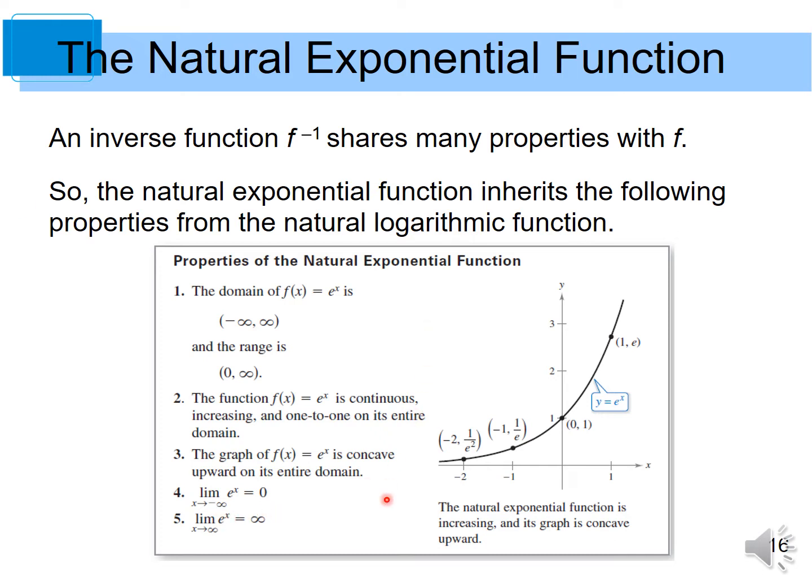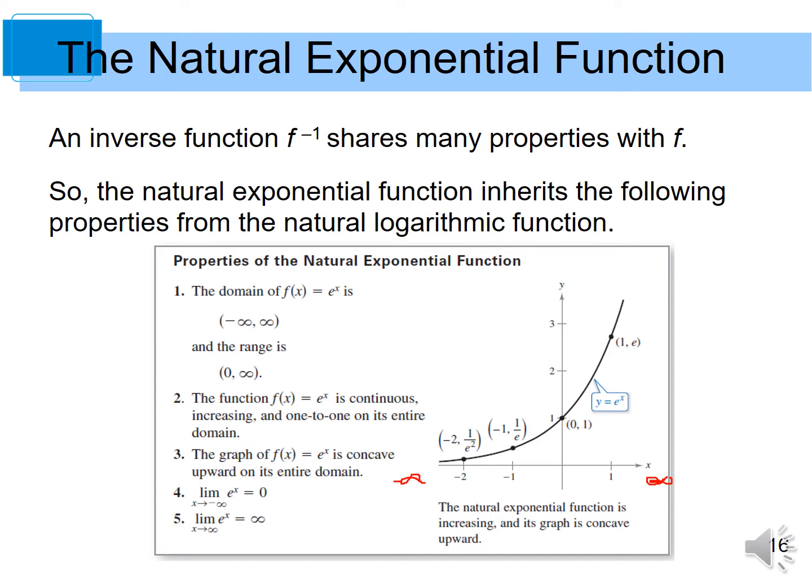Fourth property. You see, this is an exponential curve, e to the x. When x tends to negative infinity, meaning in this slide negative infinity is here and positive infinity is here, look at the curve.